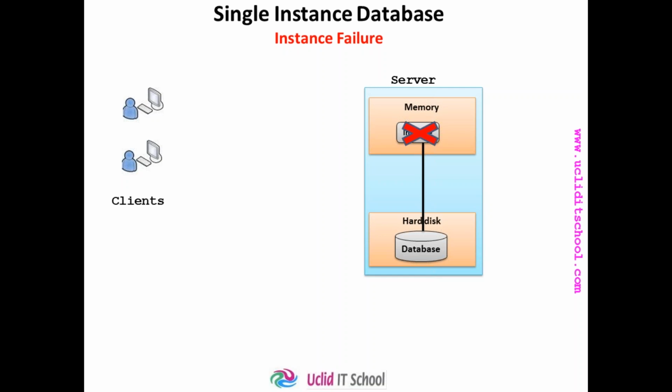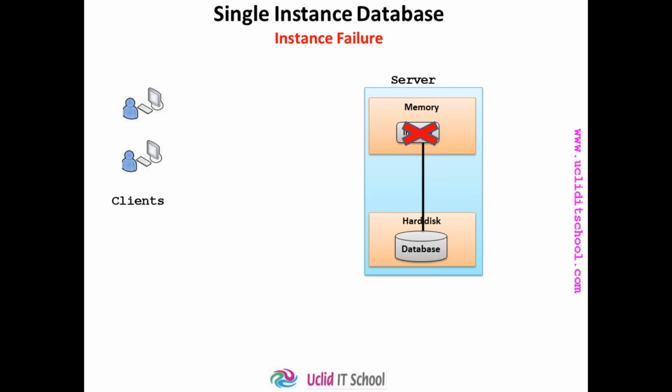Why would an instance fail? It could be many reasons. A software bug in Oracle may cause the instance to crash, or memory corruption, because the instance runs in memory. Memory is a hardware device, and memory may fail, causing the instance to fail.